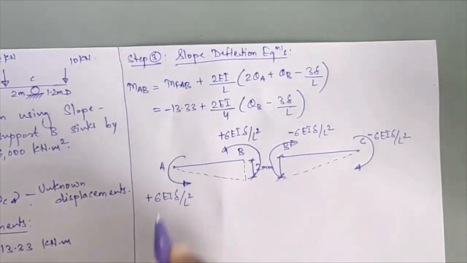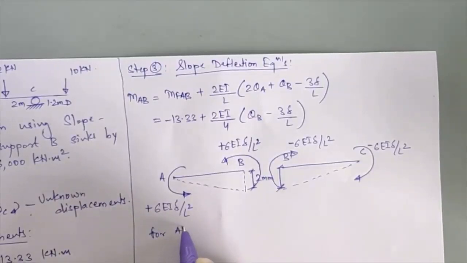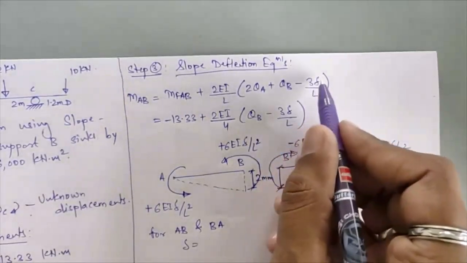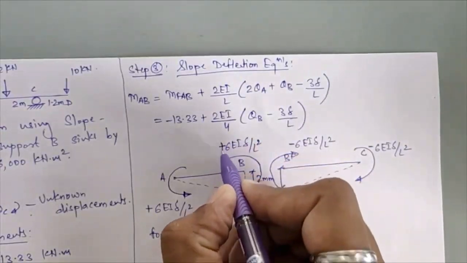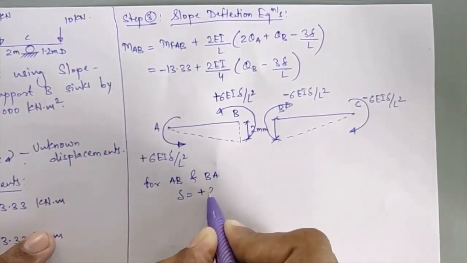So that is what you have to do for calculating the slope deflection equation for member AB and for BA. What you have to do is consider this delta value as positive. That is, this delta will remain plus 2 mm.